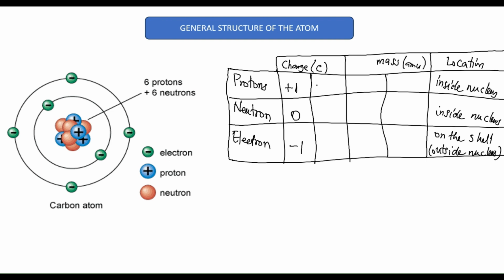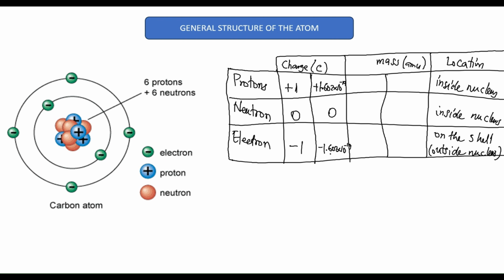So the exact charge of proton is plus 1.602 times 10 to the power minus 19 coulomb. Neutron is still zero. It doesn't have charge at all. Electron is just the opposite, minus 1.602 times 10 to the power negative 19.